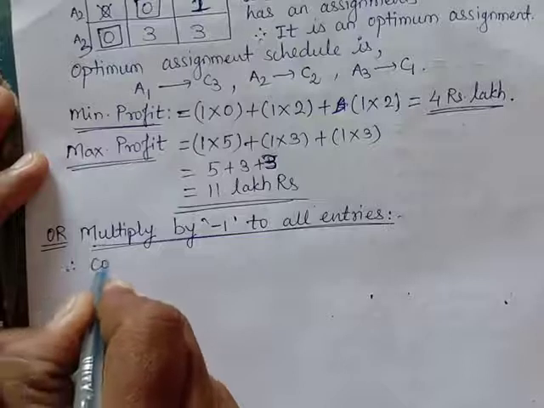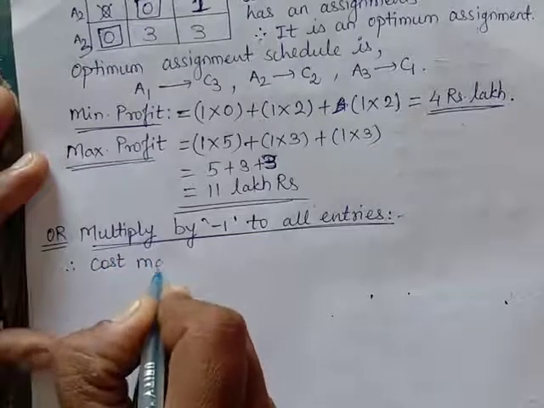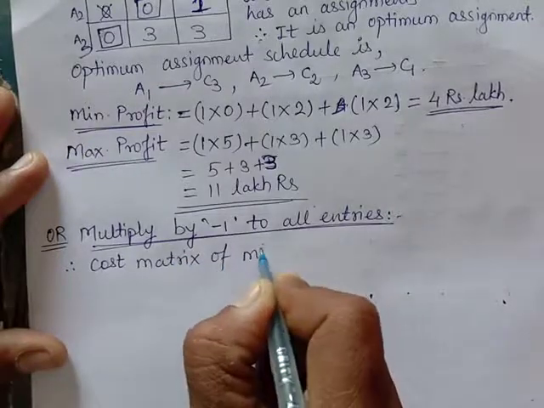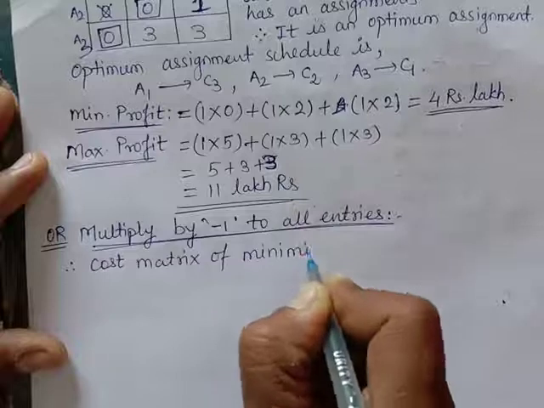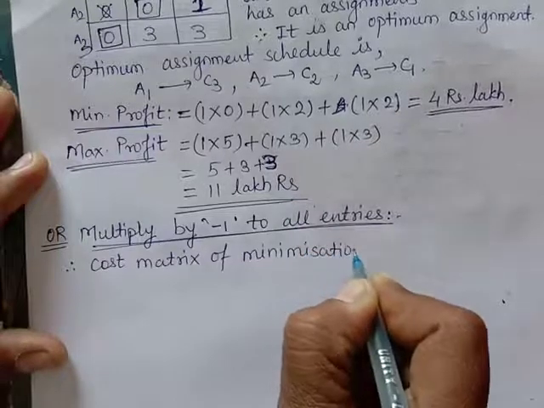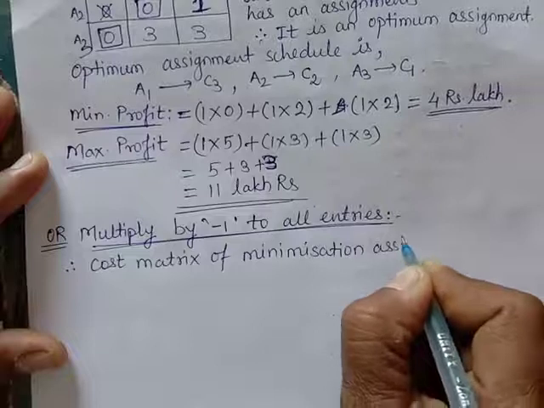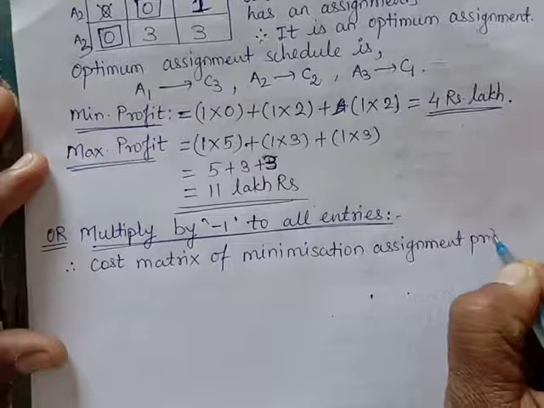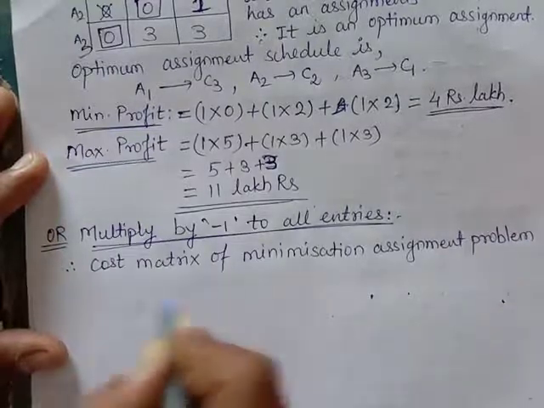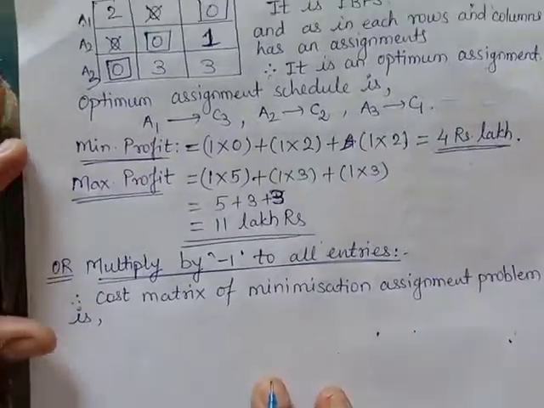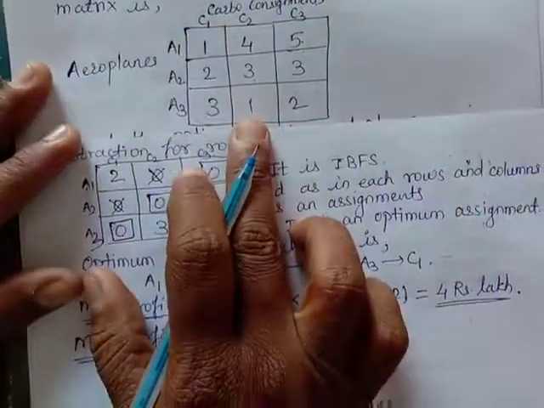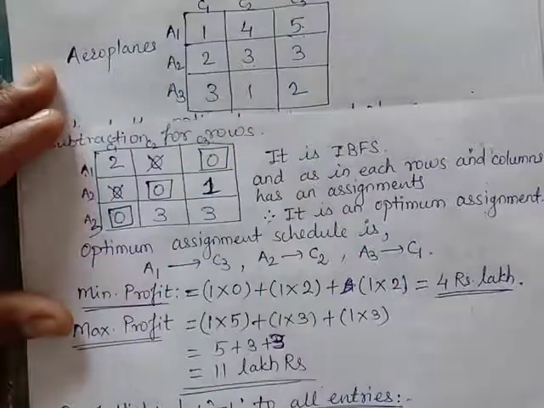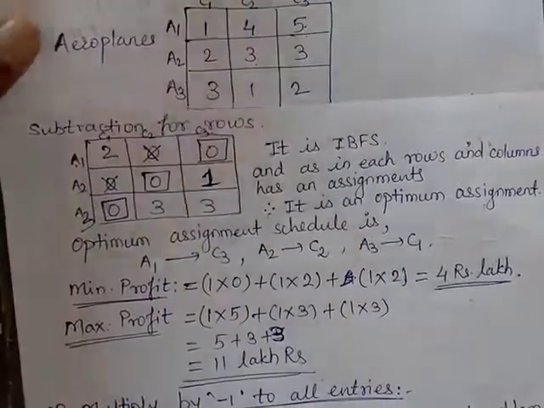Therefore the cost matrix of the minimization assignment problem is, look, this is the cost matrix given to us. Now we have to multiply each element here by -1. So let's write that matrix.